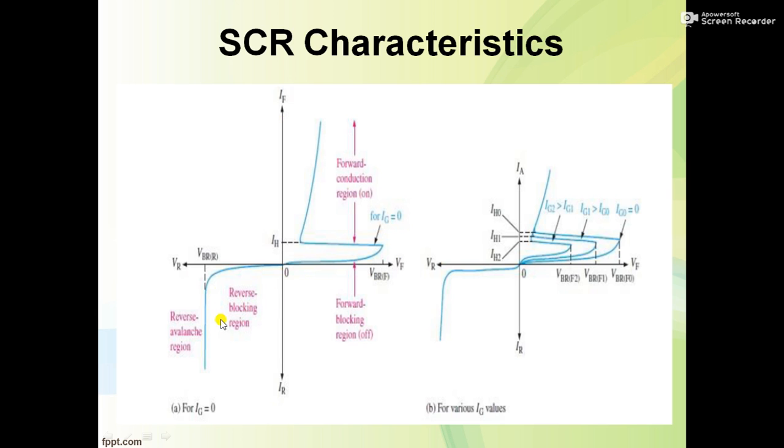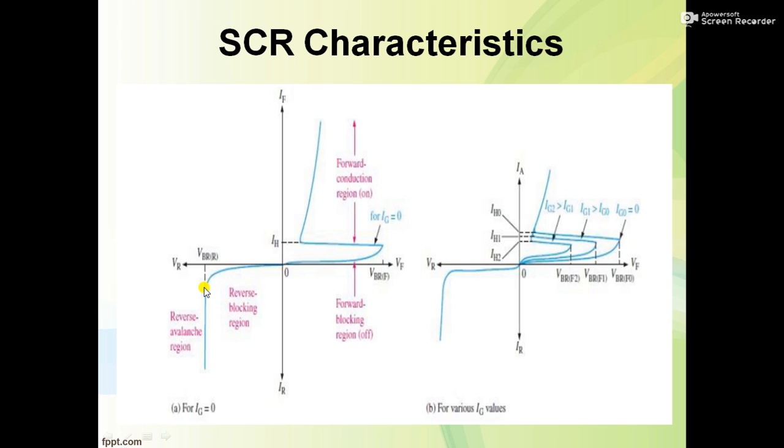Then we come to the discussion of the negative, that means reverse breakdown region. Already you studied this region in the PN junction diode and Zener diode. Basically at this level both reverse voltage and reverse current are zero. As reverse voltage increases, a very small amount of reverse current also increases.